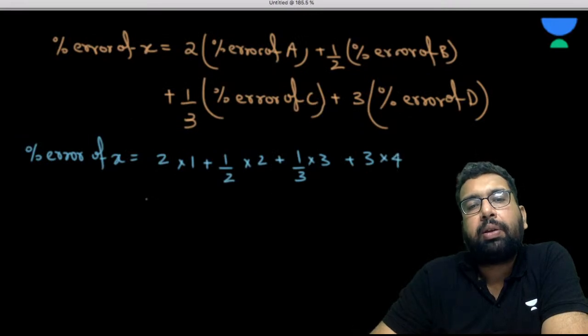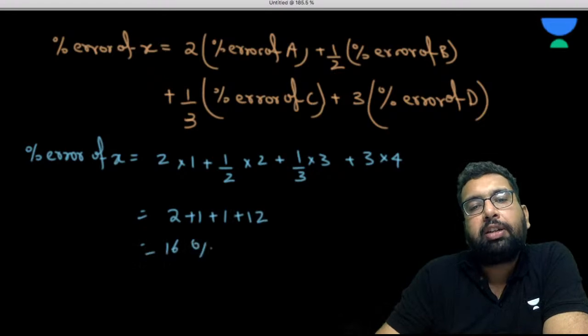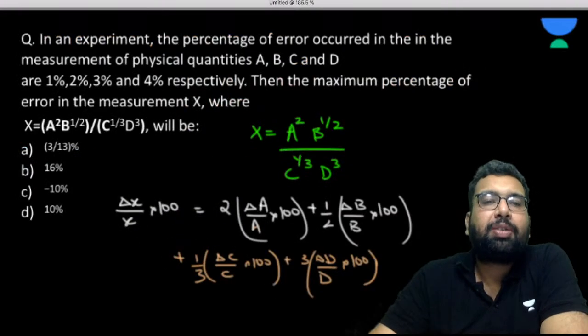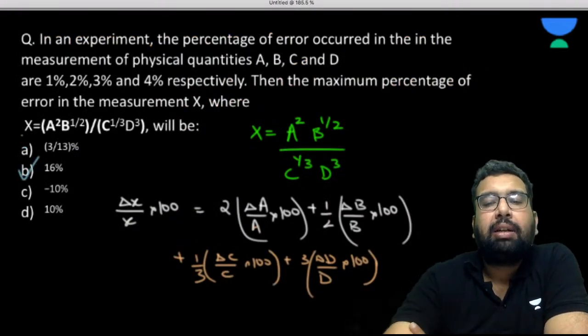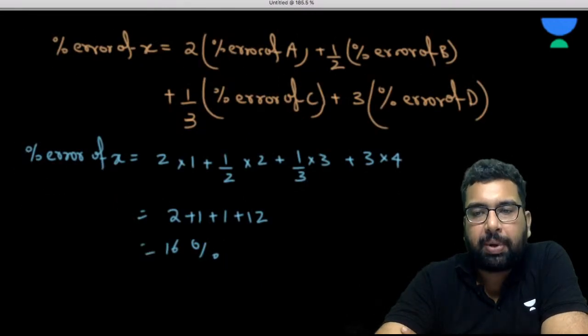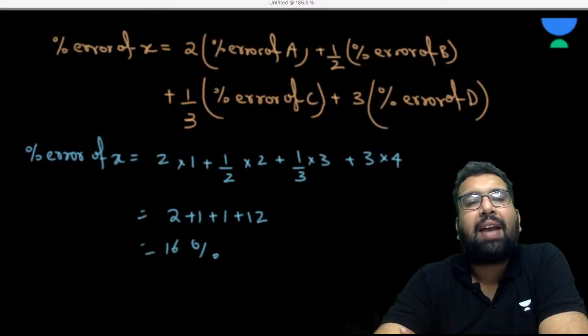So this is going to be 2 plus 1 plus 1 plus 12, which is 16%. The answer is 16%. I hope it is fine to everyone.